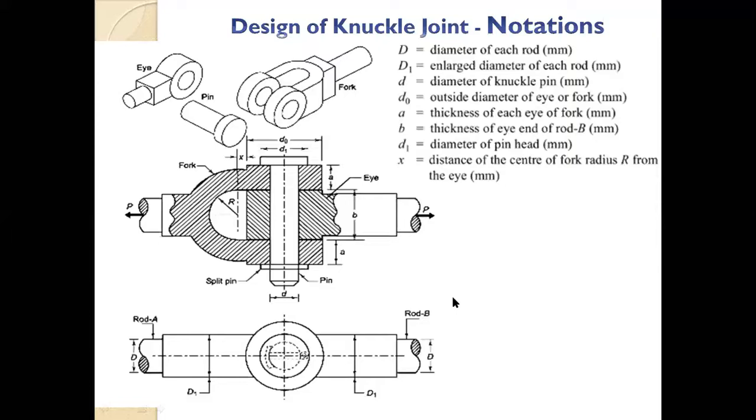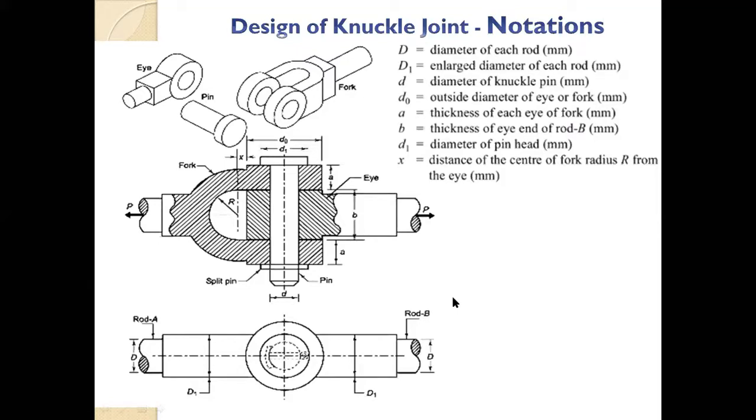Whatever d we have, we take 1.5 times that as D1, and we take D0 as twice d, as an empirical equation. So whatever d we got for the knuckle pin, multiplied by 1.5, 50% more, will be the head. Because of that head, the pin will not fall down. Then multiplied by 2, 2d will be D0, the outside diameter of the eye or fork.